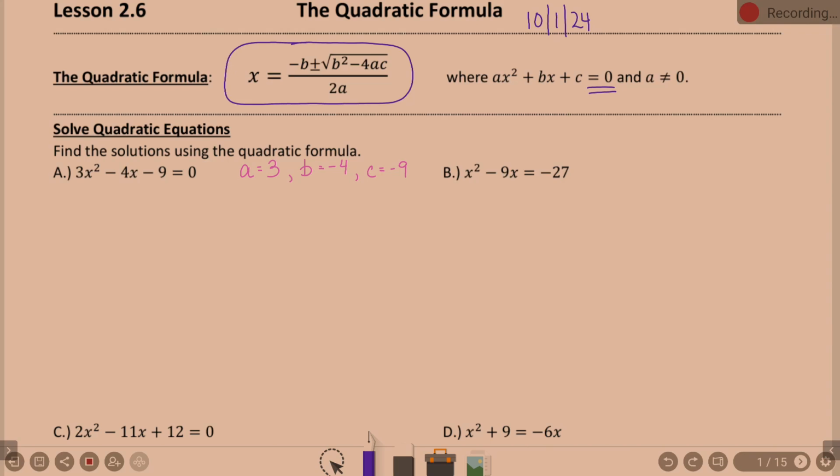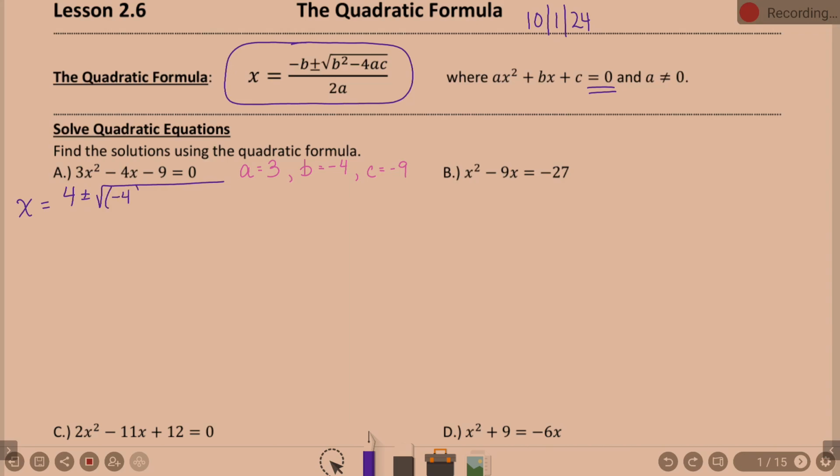So, it's always going to start off x equals, and my first suggestion: write it all out. Okay? Negative b. So, what are we doing for negative b? Yeah, it's going to become positive 4, plus or minus the square root of b squared.